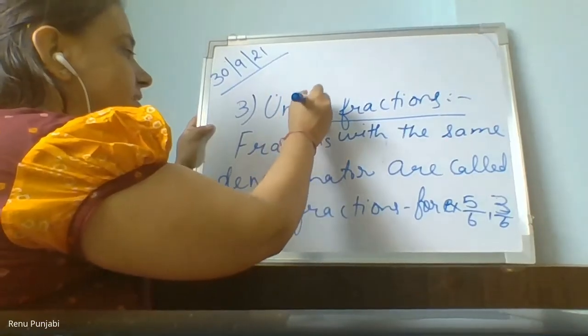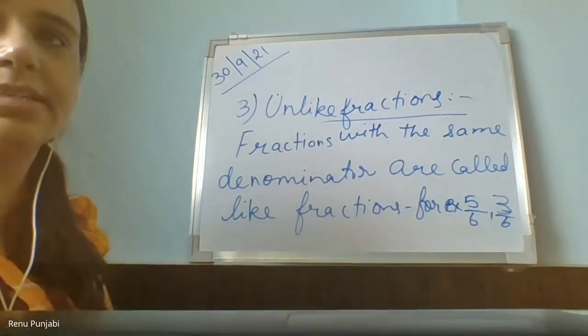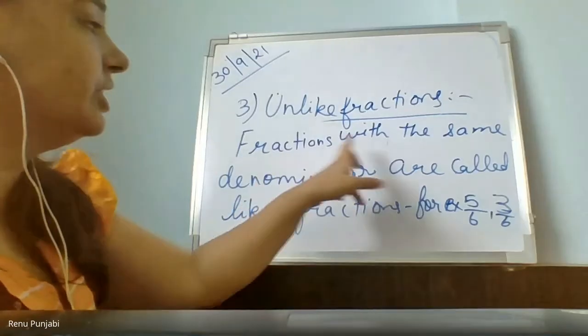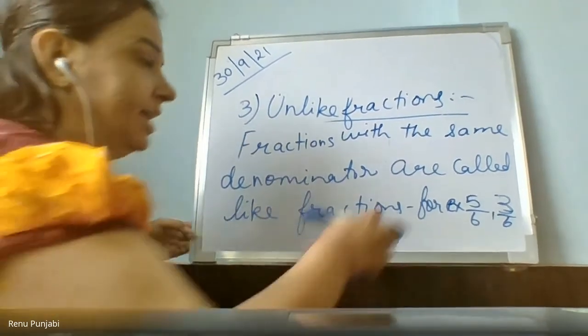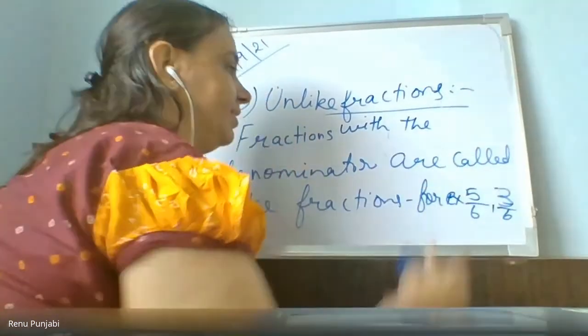Excuse me, ma'am. I have a doubt. Yes, please ask. Ma'am, so denominator should be same, they are called like fractions. Yes. Now change the word in place of same, write the different.